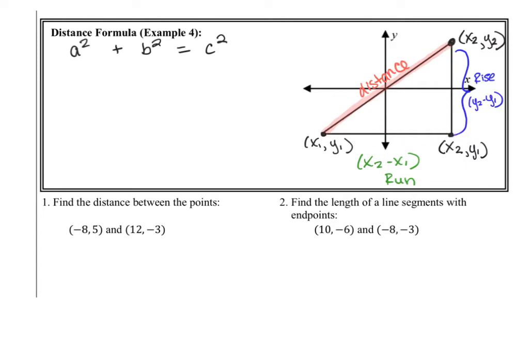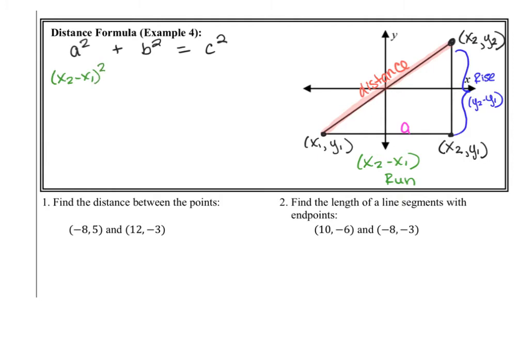Remember, when using the Pythagorean theorem, this side is your A and this side is your B. Because I don't have a value for A, I'm going to use the expression we have that would give me that value instead. So we're going to substitute this in for A, and we are going to have x2 minus x1, squared.